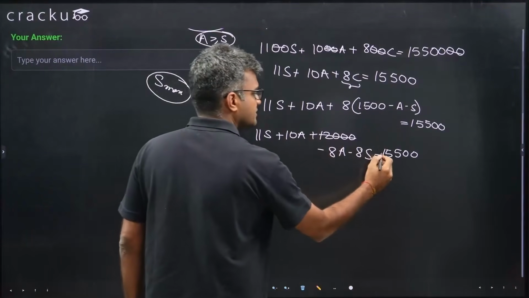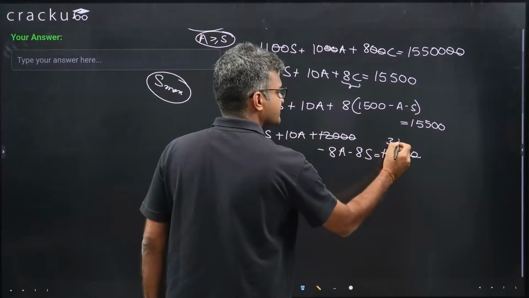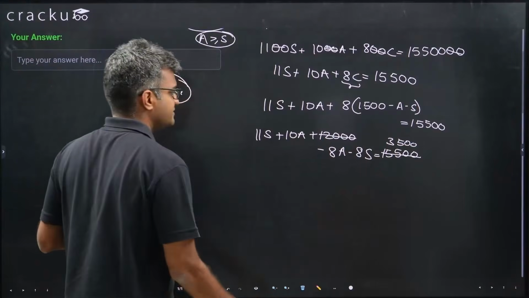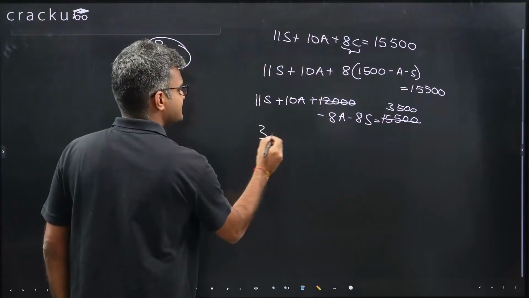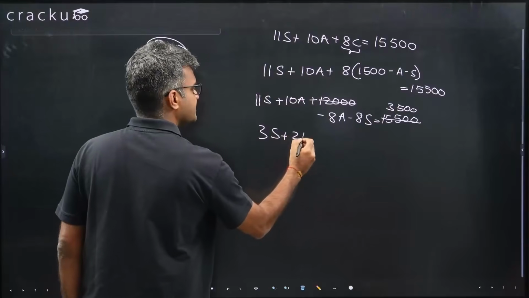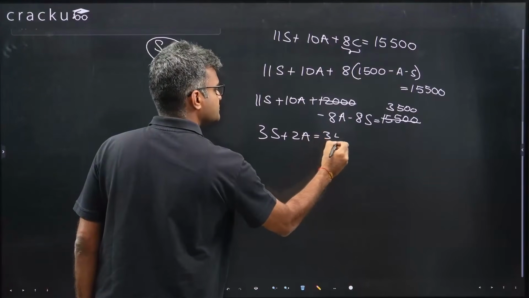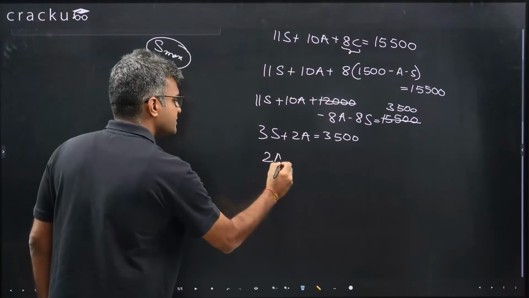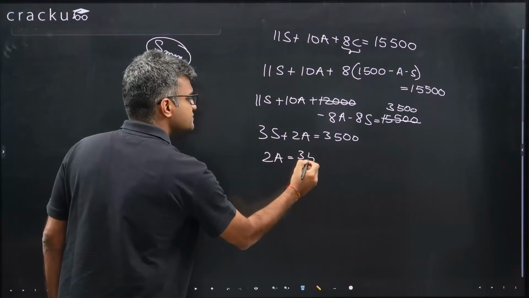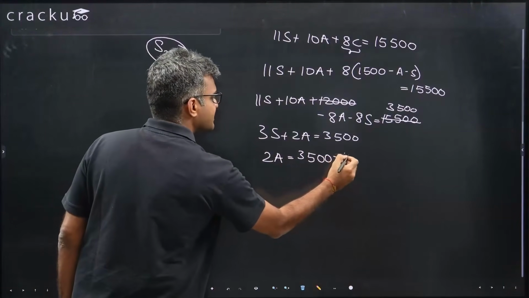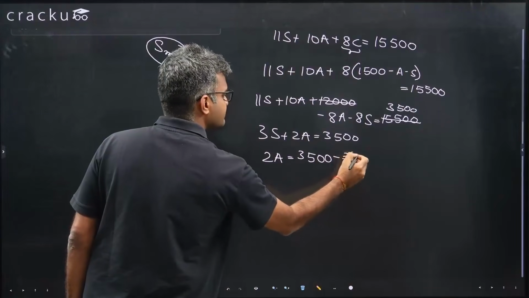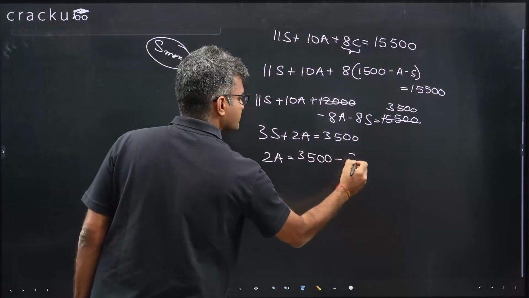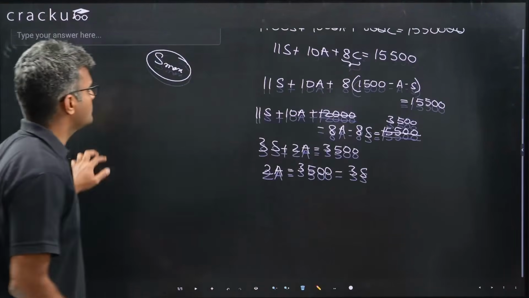You can subtract this. This is 3,500. This would be 3S plus 2A is equal to 3,500. This is what we are going to get. Or the value of 2A is equal to 3,500 minus 3S. Now, what do we know about A?